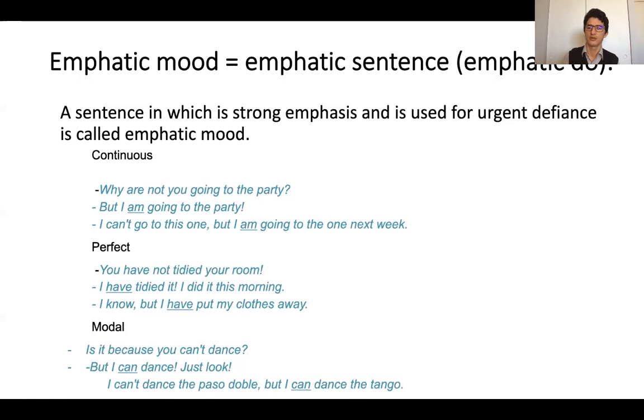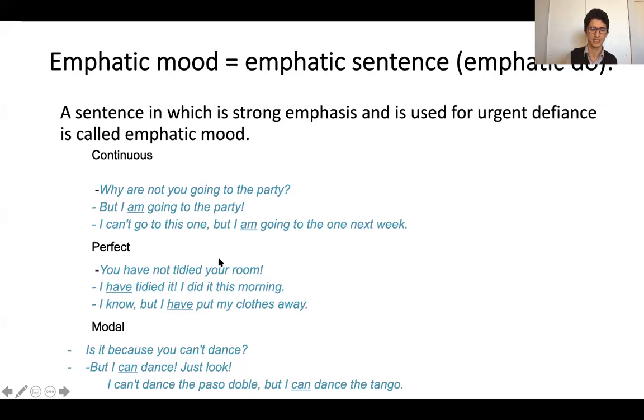So we say a sentence which has a strong emphasis and is used for urgent defense is called emphatic mood. When you want to show your strong emphasis, you have to use what? Emphatic mood, emphatic sentences. Or when you want to have an urgent defense, so you defend from someone, you also have to use that emphatic mood.